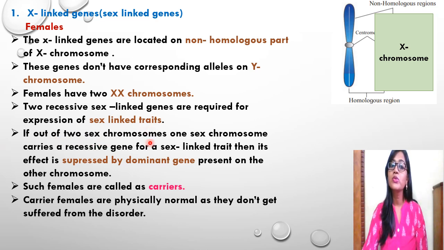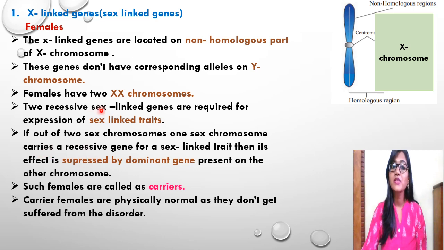If out of the two sex chromosomes, only one X chromosome carries a recessive gene for the sex-linked trait and the other X chromosome does not, then what will happen?